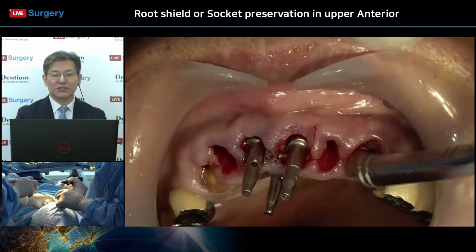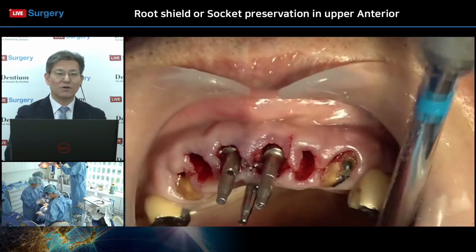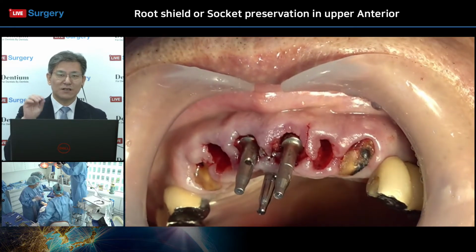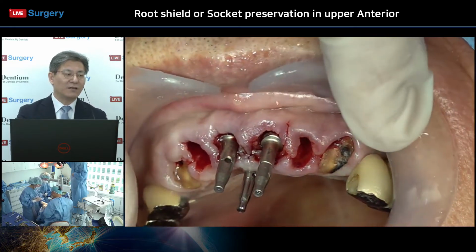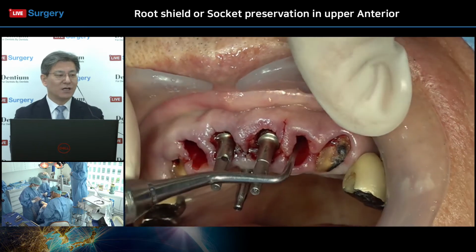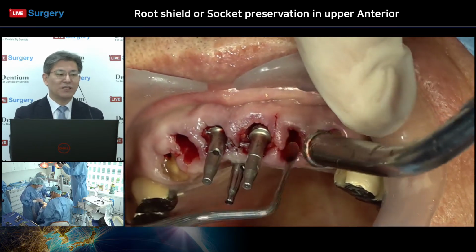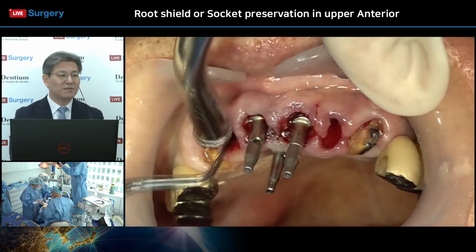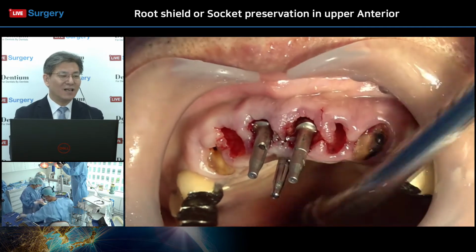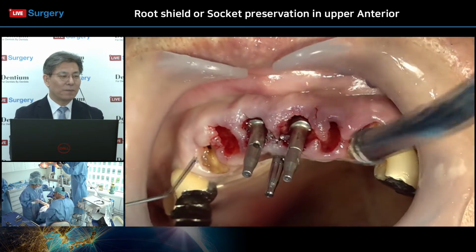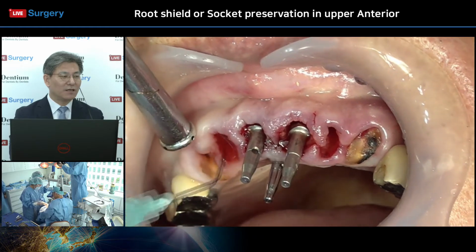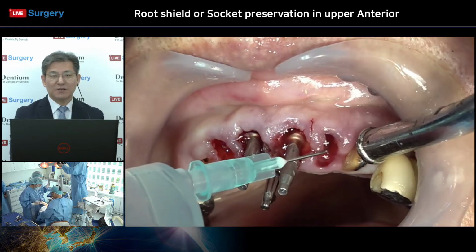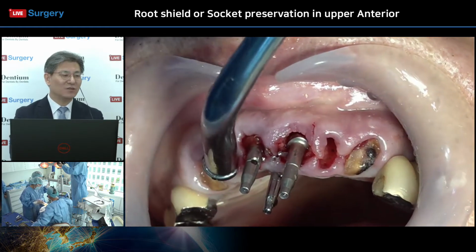But this one, socket shield, is another category. There is no bone grafting of the labial bone plate, just remaining the remnant of the tooth shield for preserving and maintaining the labial bone plate. It is a very economical and inexpensive method, actually, as you know.